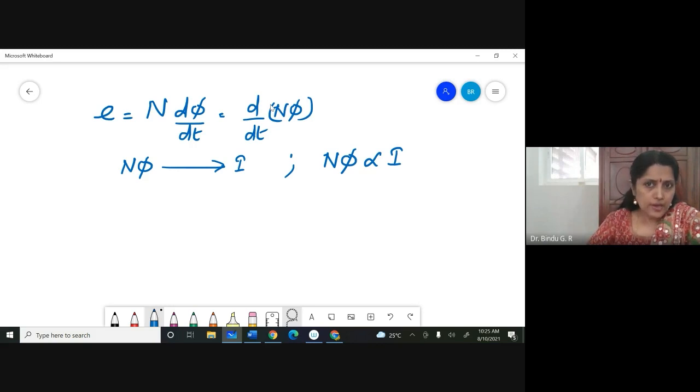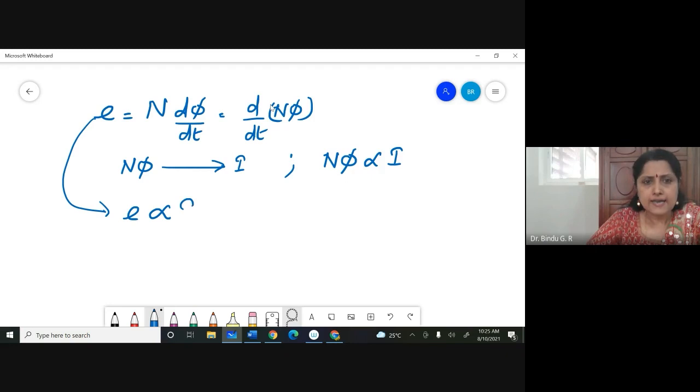Okay, you have to take down these equations. So N phi is proportional to I. So I can always write E is proportional to d by dt of I, isn't it?